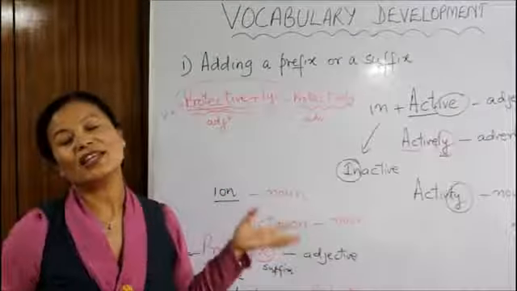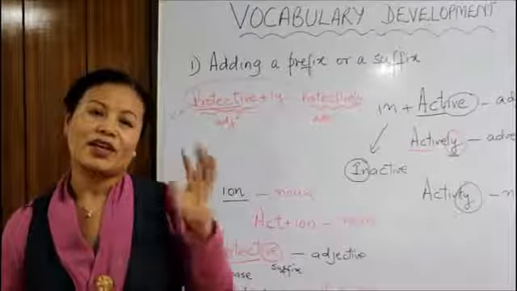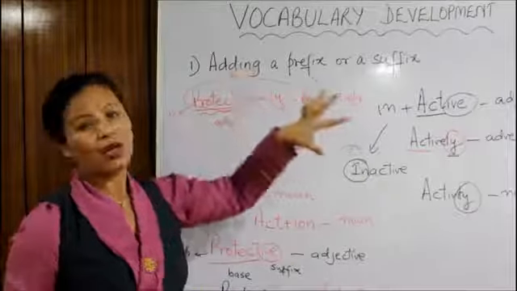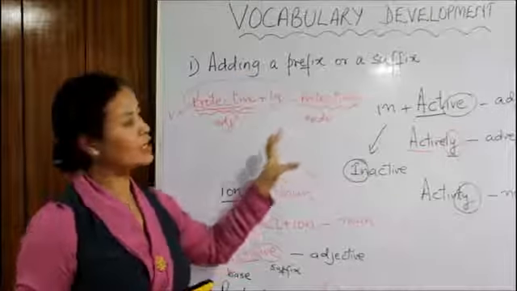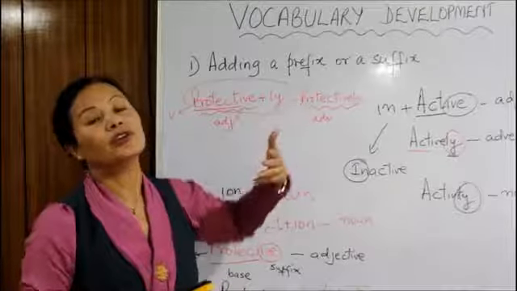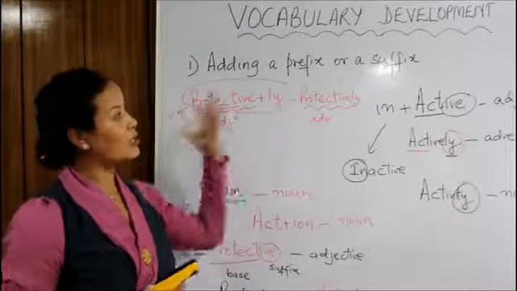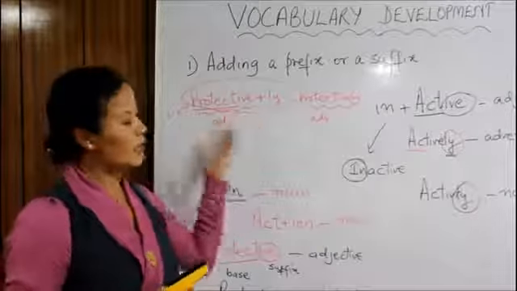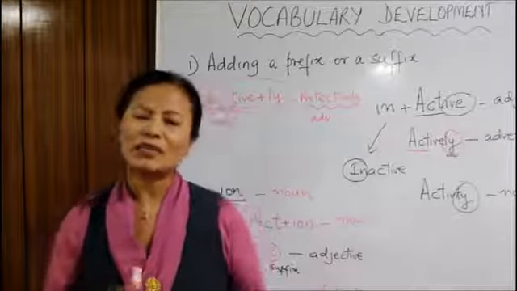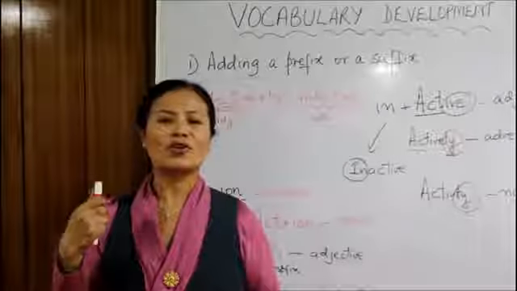The utmost thing that you need to do is read. When you read and come across such words, try to add prefixes and suffixes, and that will help you expand your vocabulary. This is just one strategy; I'll discuss other strategies in later lessons. Meanwhile, please keep on reading. Read anything that you come across on the way.